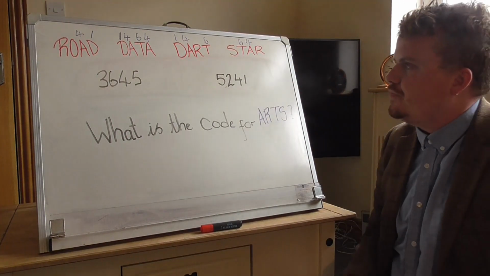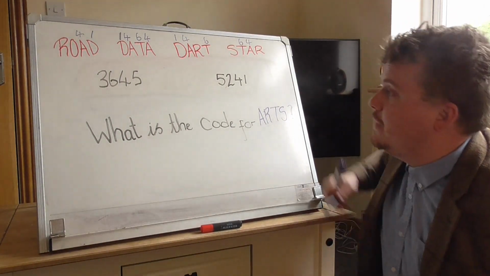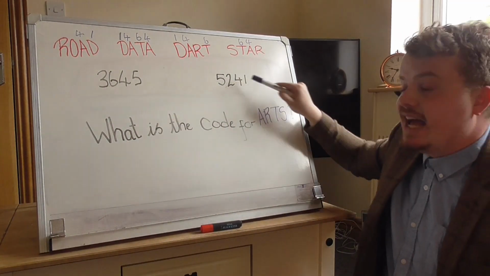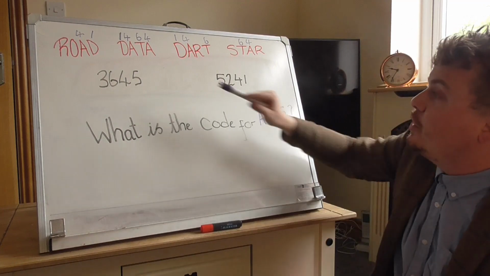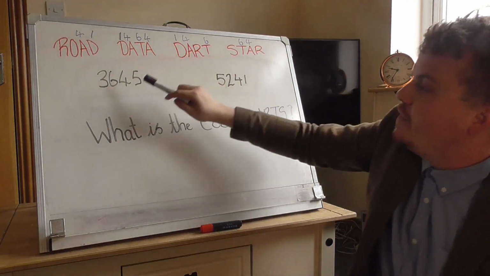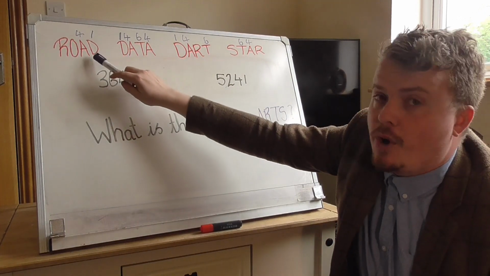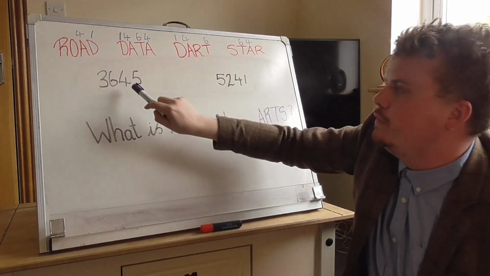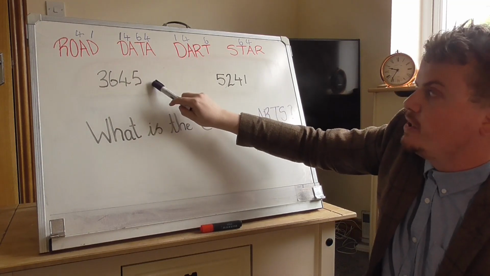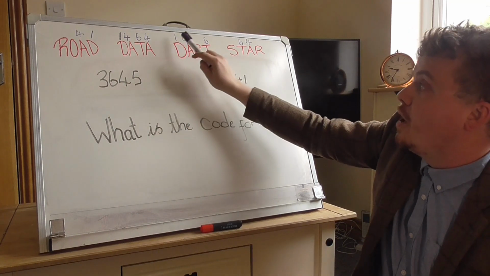Okay? Now, I'm left with 2 codes. And I know that this code corresponds to one of those words, and so does this code. So if I look at 3, 6, 4, 5, I know that it doesn't correspond to that word because that ends with 4, 1, not 4, 5. We know it doesn't correspond to data. We know it doesn't correspond to darts because darts begins with 1, 4.